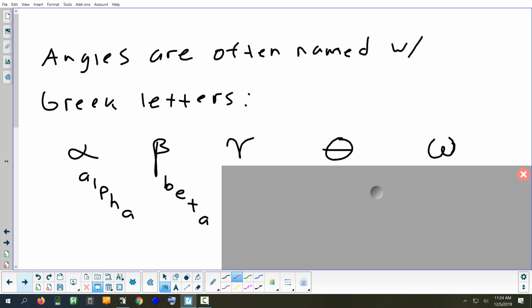I'm not sure exactly what Greek letter that would correspond to because I don't think Greek has the letter C, even though I think that is the third letter in their alphabet, but I'd have to double check that. So yeah, it's not an R though. It doesn't correspond to an R. What is it? Anyone else have a guess what it is? Sigma. It's not sigma, but that is a Greek letter. I don't see that one used for angles too much. That one's gamma.